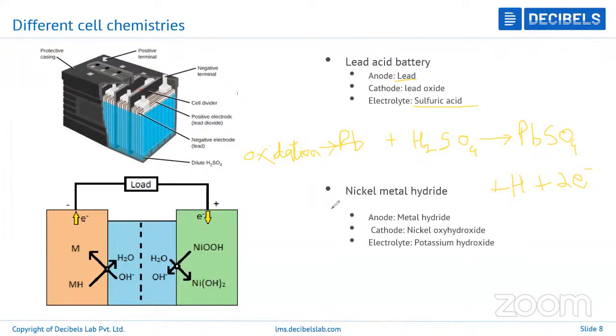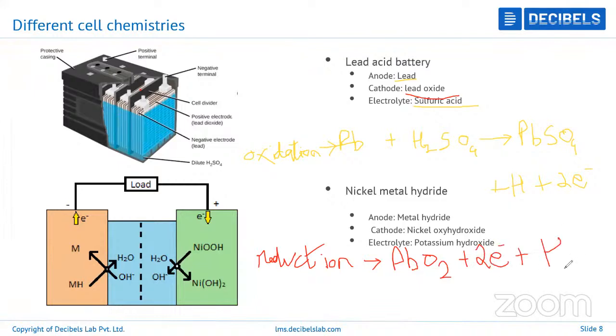So this is your oxidation reaction, and likewise let's have the reduction reaction here. The reduction reaction is your cathode undergoing reduction. The cathode is lead oxide, which is PbO2, plus 2 electrons plus H2SO4.